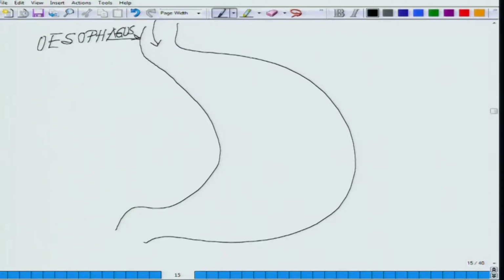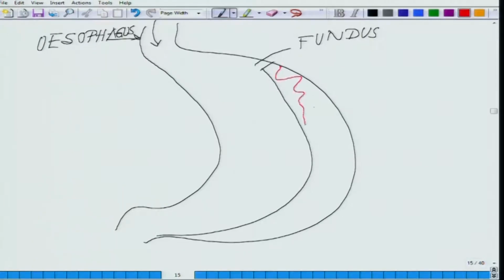Then the food enters, this is the fundus region, and if I take a cross section of this vessel, something like this, if I take the upper view of it, you will see a lot of blood vessels all over the place. It is completely supplied with blood vessels. This is just a cross view that I am trying to draw for you.